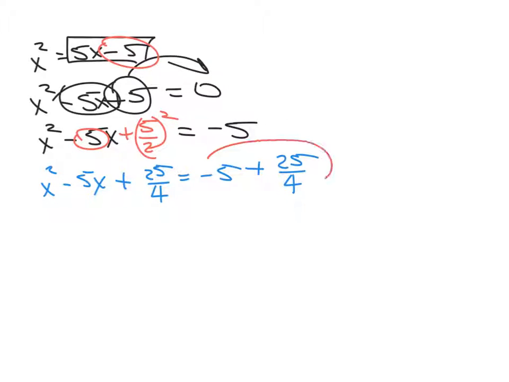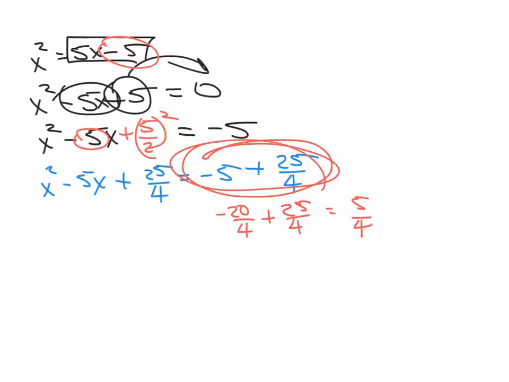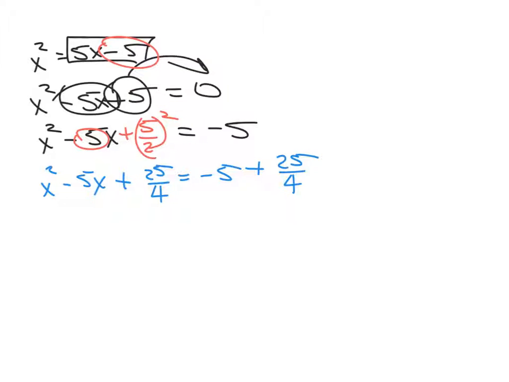So let's go ahead and add these. So that's going to be negative 20 over 4 plus 25 over 4. So that gives me 5 over 4. So when I add these, I get 5 over 4. Alright, so let's get rid of some of this, and we're going to write that as 5 over 4.